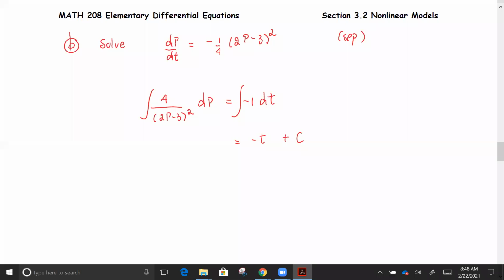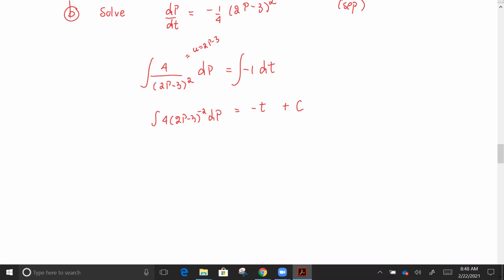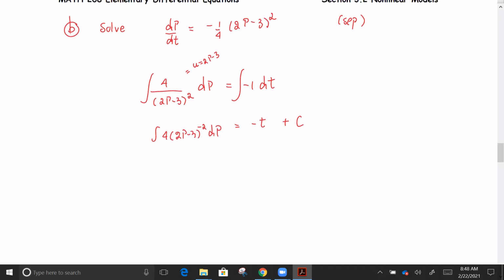The left hand side, so just use u-substitution, u equals 2P minus 3. And this is the integral of 4 times (2P minus 3) to the power negative 2 with respect to P. From u equals 2P minus 3, du is 2 dP.